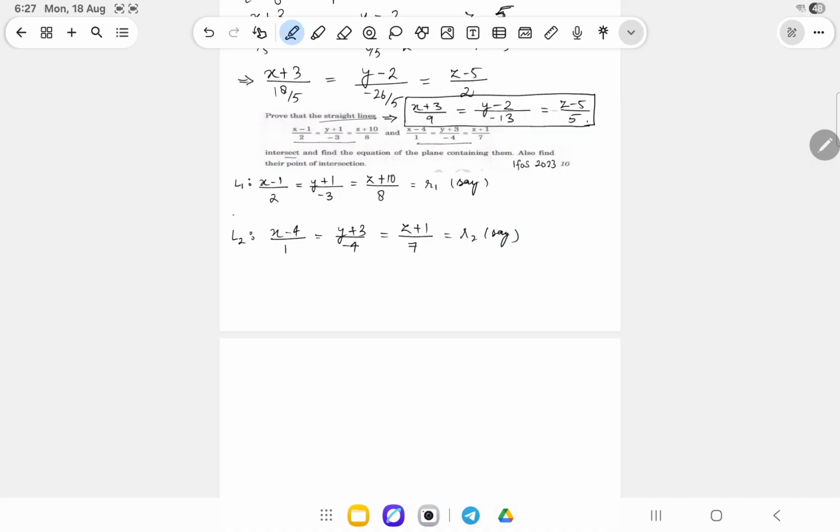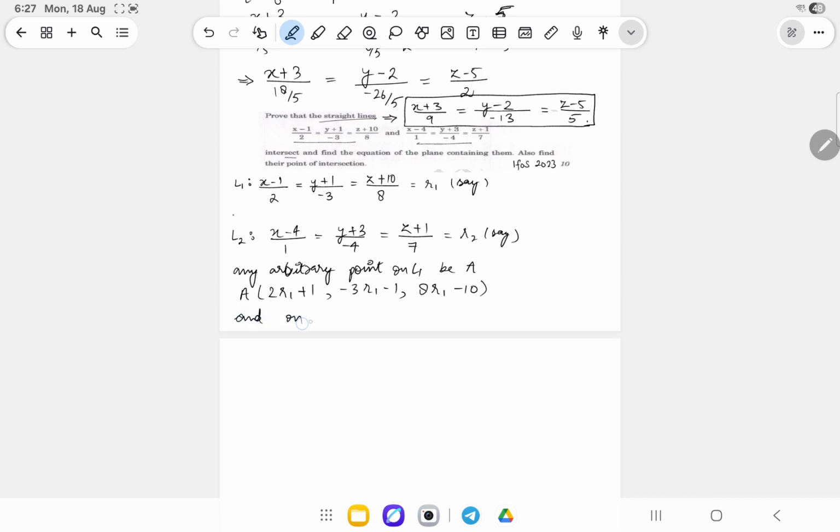So I can calculate any arbitrary point on lines L1 and L2. Let's say any arbitrary point on L1 is A. So the coordinates of A will be (2r1 plus 1, minus 3r1 minus 1, 8r1 minus 10).